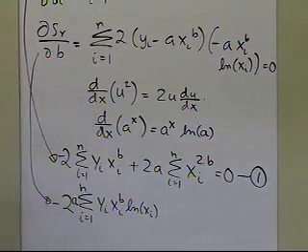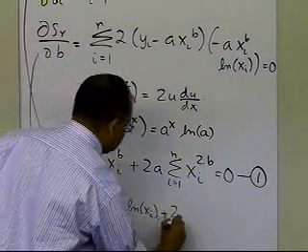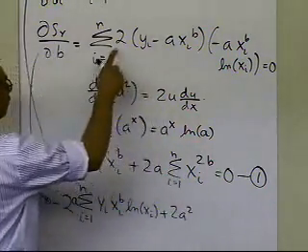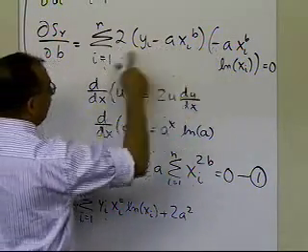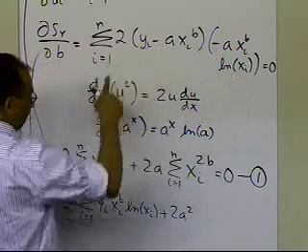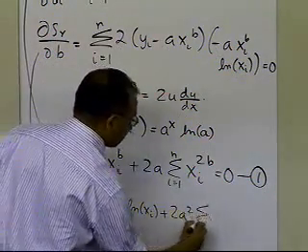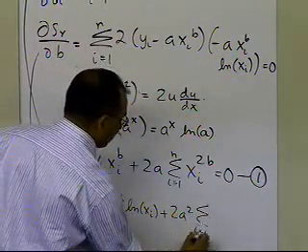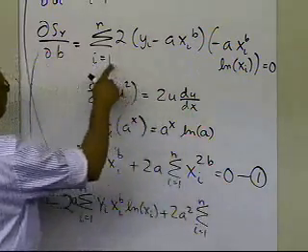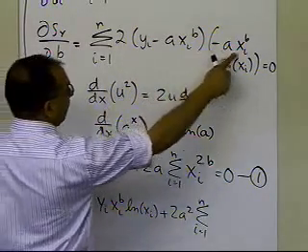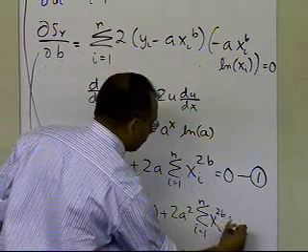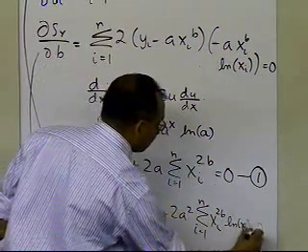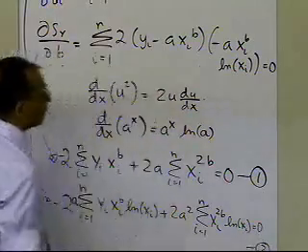That's what I'm going to get. And then plus 2a squared, because I'm going to get 2, then a, then minus becomes plus, so 2a squared. All I'm doing is expanding the summation here. 2a squared is outside the summation, and what is inside the summation? I'll get xi raised to power b, xi raised to power b, so it will be xi raised to power 2b, and then log of xi. And that will be equal to 0, and that will be the second equation which I will get.